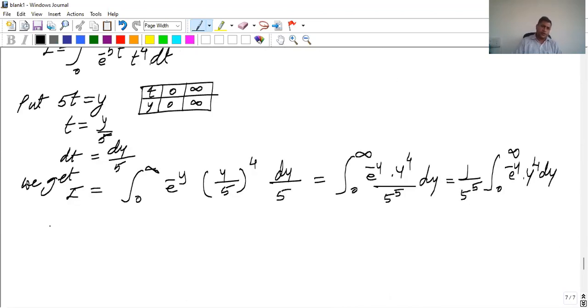Is that okay? What will this integral become? Gamma of 5. Correct. Gamma of 5 is 4 factorial, and this is 5 raised to 5. So it is going to be 24, and what is 5 raised to 5 going to be?